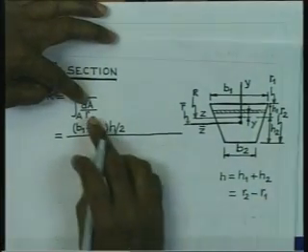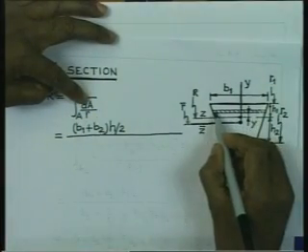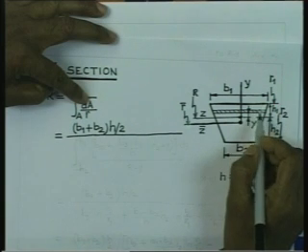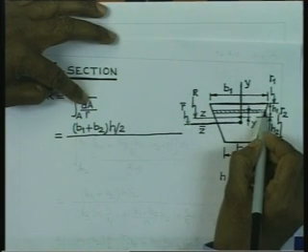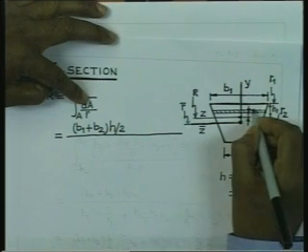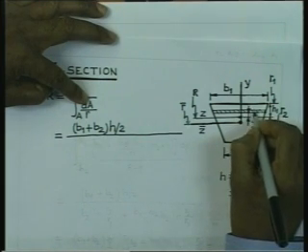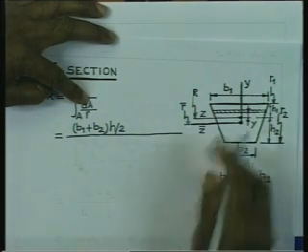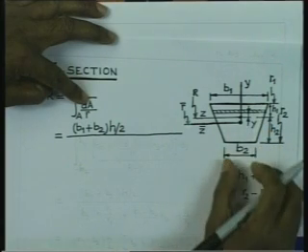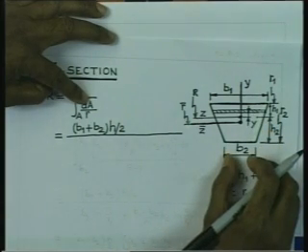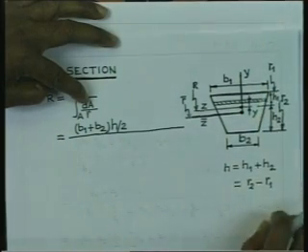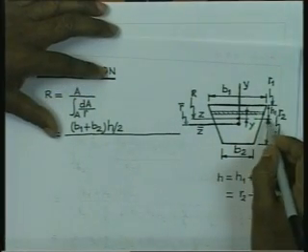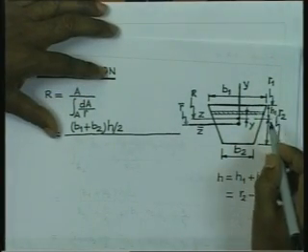Now, we can write the area dA, which is given by this width, let us say, B multiplied by dy. If you consider that this height is equal to dy, then this B is given by B2 plus (B1 minus B2) by H into the height H2 plus y.